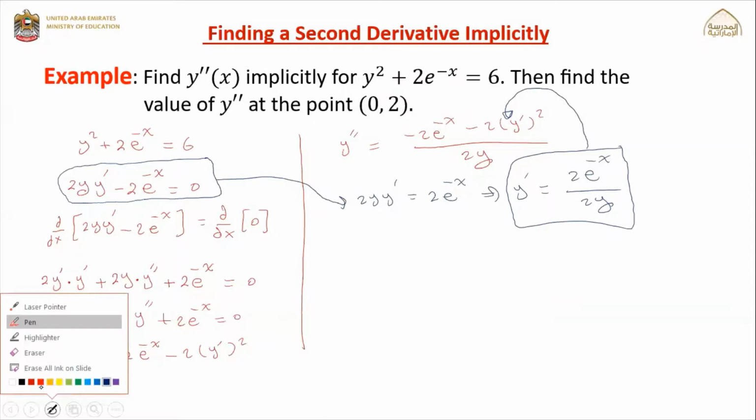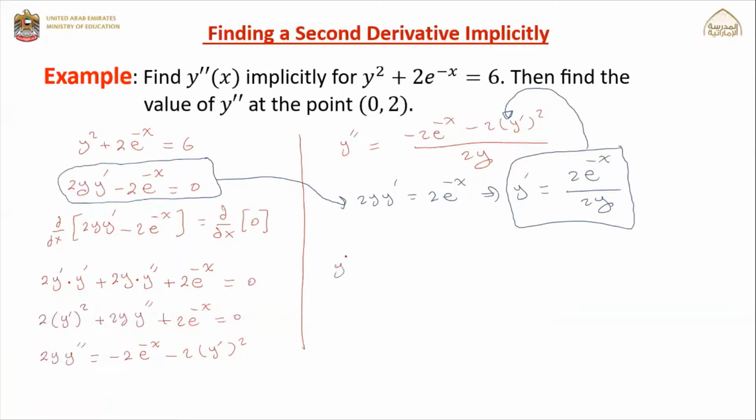So the value of y double prime equals negative 2e to the power negative x minus 2 times (2e to the power negative x over 2y) squared, all over 2y. Now I can simplify more. For example, I can cancel here 2 with 2.